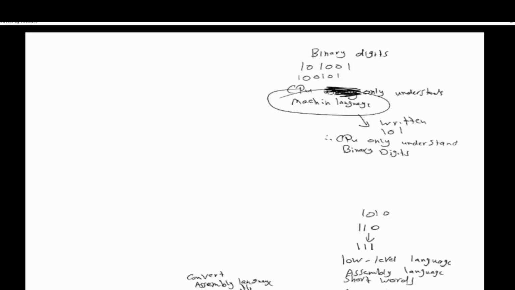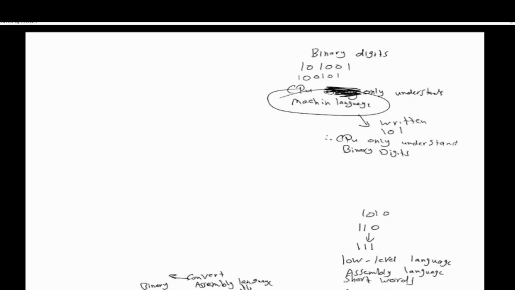So it's kind of like a translator. You give it the instruction written in the assembler language, and the assembler converts it to binary. So that's how the CPU is gonna understand the instruction written in the assembler language.